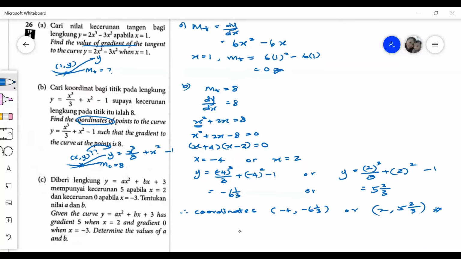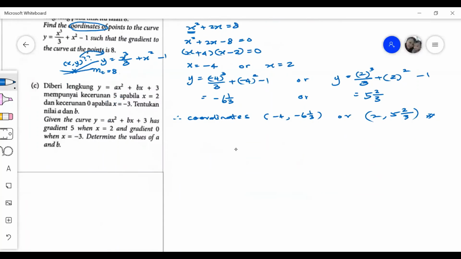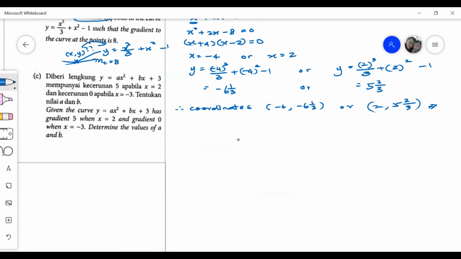Now next, part C. Okay, so for part C, we have this curve, y equals ax squared plus bx plus 3, has the gradient of 5 when x is 2. That is, when x equals 2, the gradient of the tangent is 5.